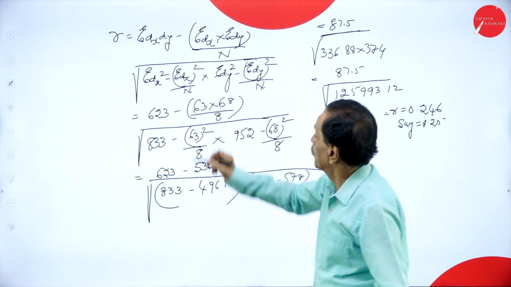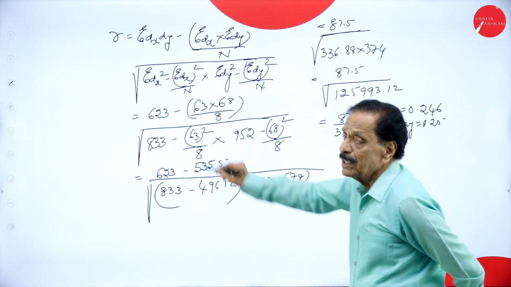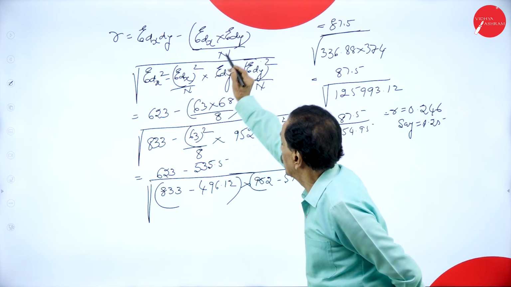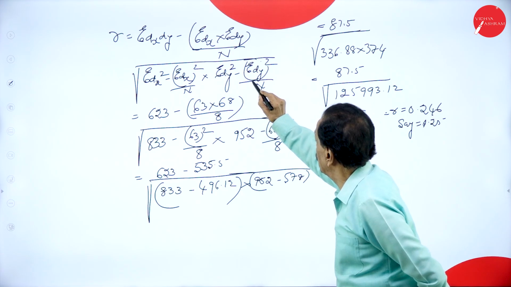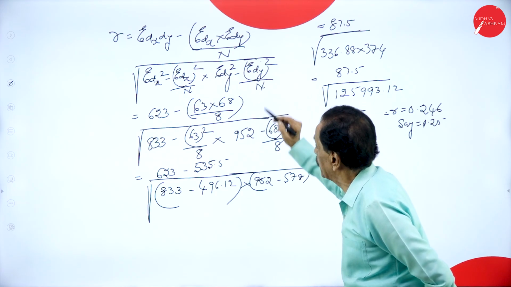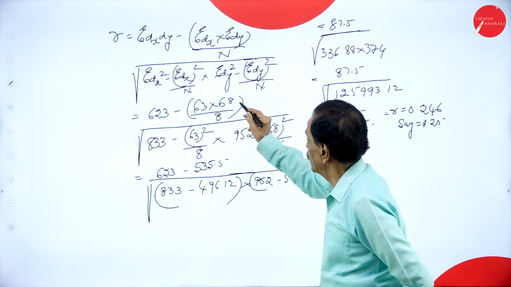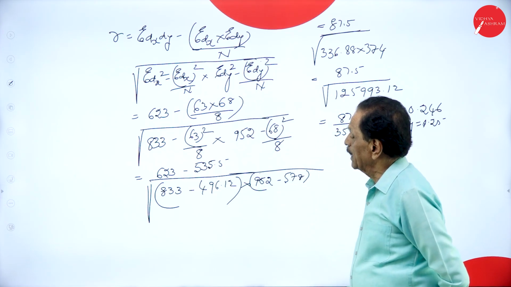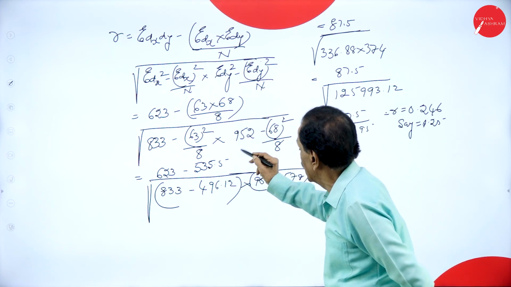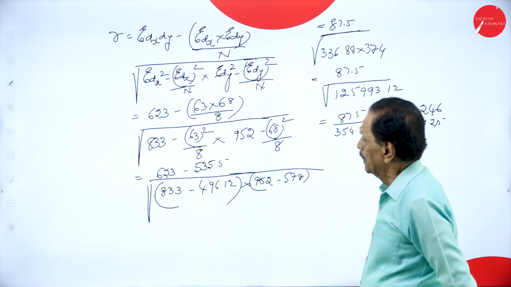So r is equal to sigma dx dy minus sigma dx into sigma dy divided by n, over root of sigma dx square minus sigma dx whole square divided by n, into sigma dy square minus sigma dy whole square divided by n. It is 623 minus 63 into 68 divided by 8, root of 833 minus 63 whole square divided by 8 into 952 minus 68 whole square divided by 8.